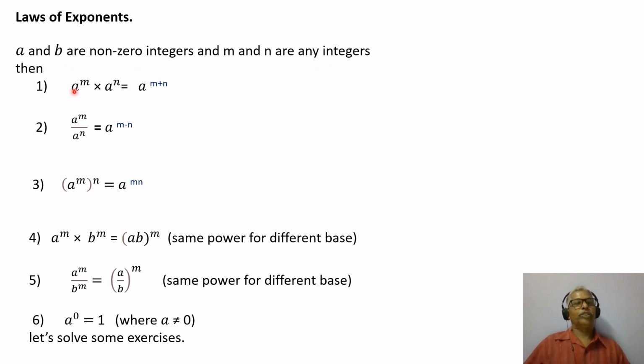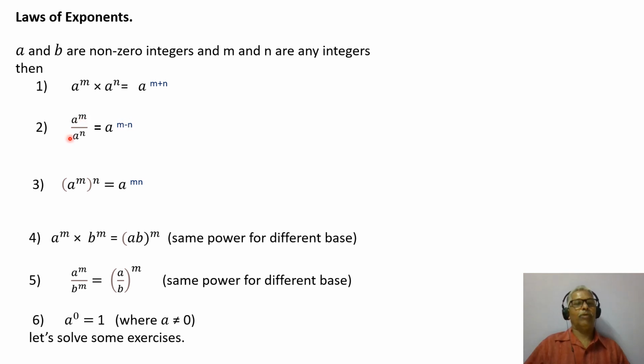The first law is a raised to m into a raised to n is equal to a raised to m plus n. When the base is the same and they are multiplied, then this power and this power add to get the total value. Okay, m plus n. Go through it. Second one, a raised to m upon a raised to n. When it is multiplied, you are getting plus; when it is divided, you get a minus n.